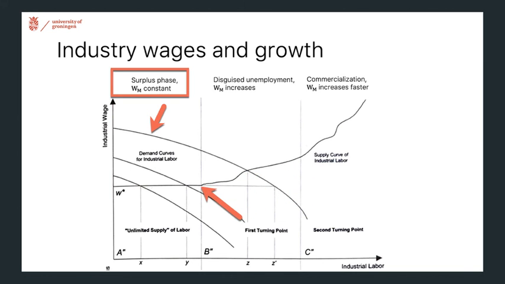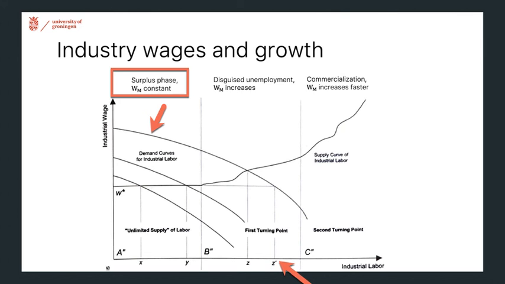Now, this has a big impact on the process of industrialization, because as we see here, as the demand curve shifts out, we get a big increase in industrial labor, going from X to Y. But as the supply curve starts to rise, the pace of industrialization slows down, because even though the demand curve for industrial labor has shifted out quite a lot, we now get to point Z rather than Z prime.